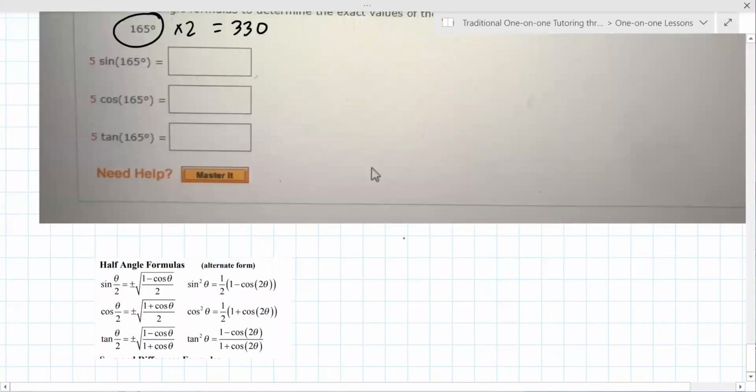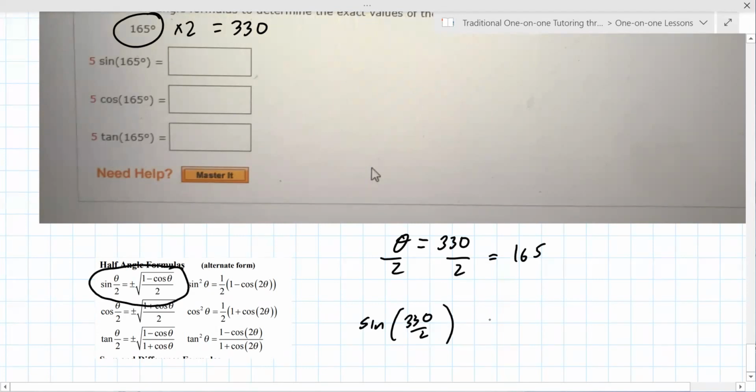So theta is 330, not 165, because 330 divided by 2 is 165. So the sine of 330 divided by 2, which is 165, is this first one here. It is plus or minus the square root of (1 minus cosine of 330) over 2.